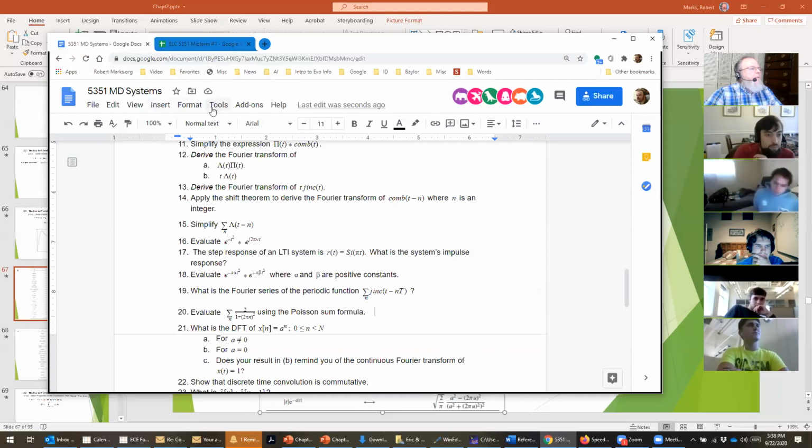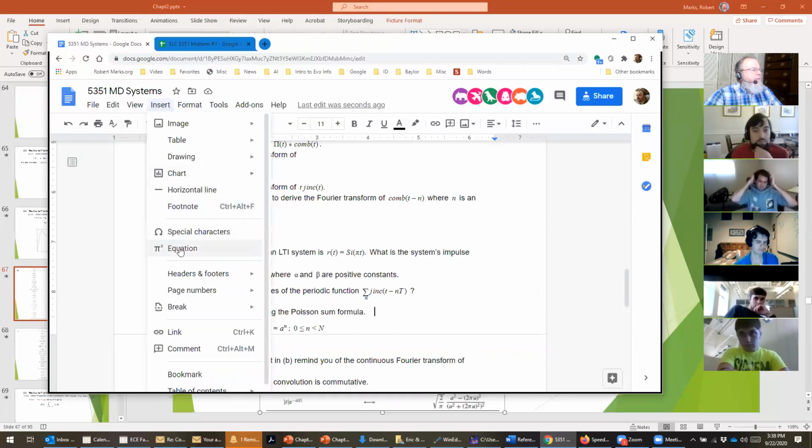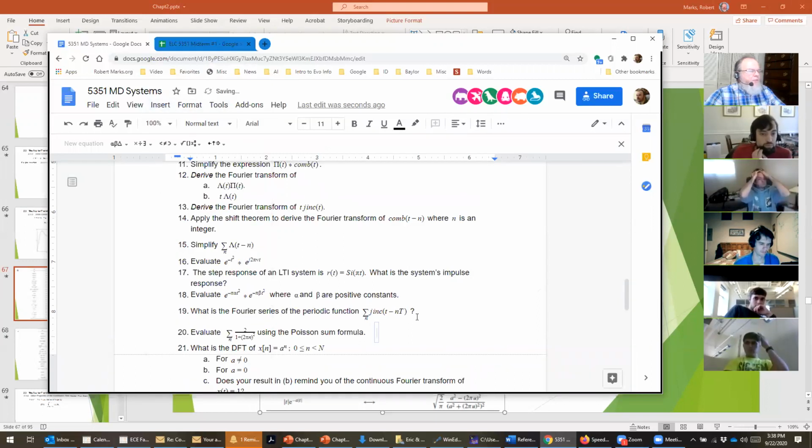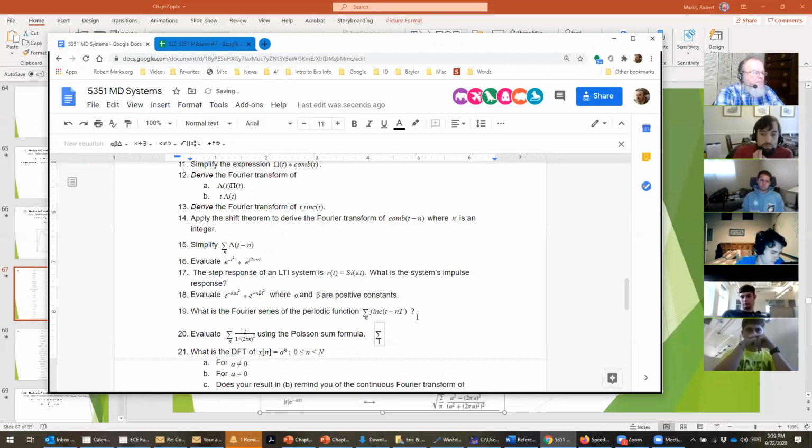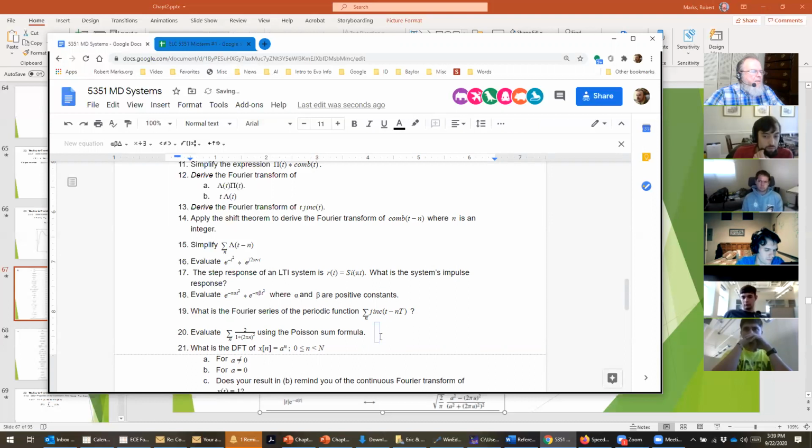Insert. I'm still getting used to equations on Google Docs here. I think the equation is that the sum over n of, you know what, instead of doing this, let me go over to, let me try this.